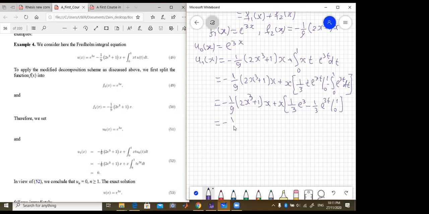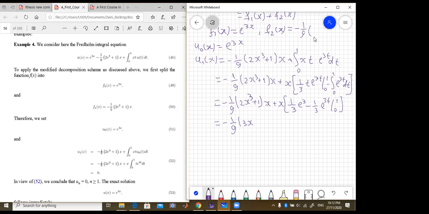So now the next computation is 3x. Sorry, here you see I made a little mistake. F2 is minus 1/9 (2e³ + 1)x actually. I wrote this wrongly, and you also didn't pay attention.